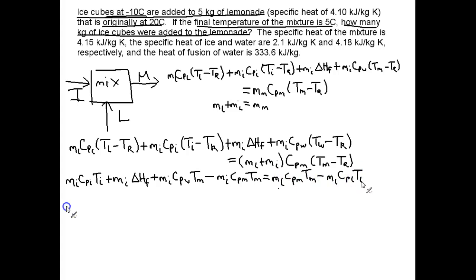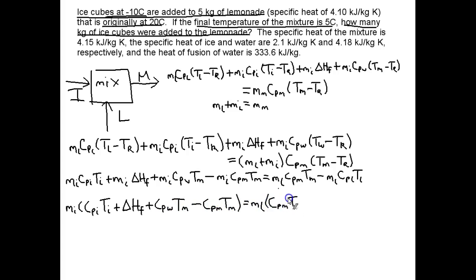There we go. Okay, now what I'm going to do is scrunch my terms down a little bit. So I pull out mass of the ice on the left side. Everything else is multiplied by that, so I can collect all those terms together. Mass of the lemonade is on the right side, so I'm going to pull that term out and collect the other terms together. So let's shorten this up a little bit. There.